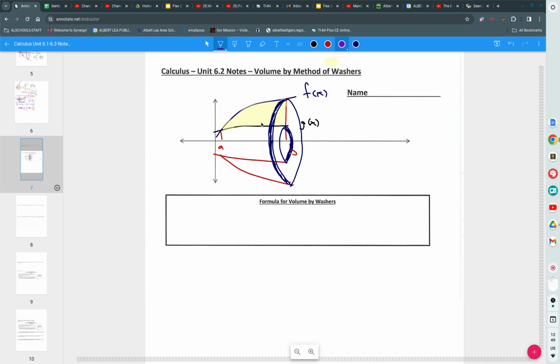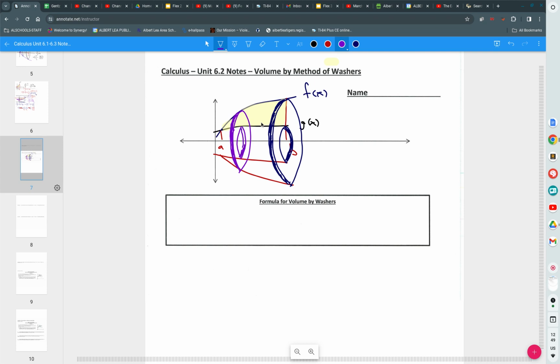I'll do another one right here. What shape does that make? Like a chalice.